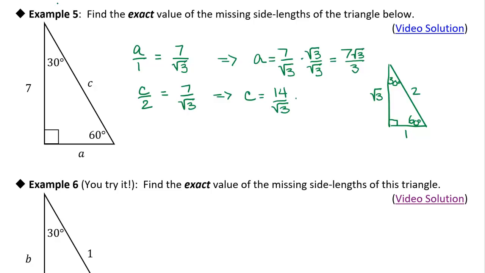Again, I can rationalize the denominator by multiplying by square root 3 over square root 3, and then I'll get 14 square root 3 over 3. That would be the answer with a rational denominator.